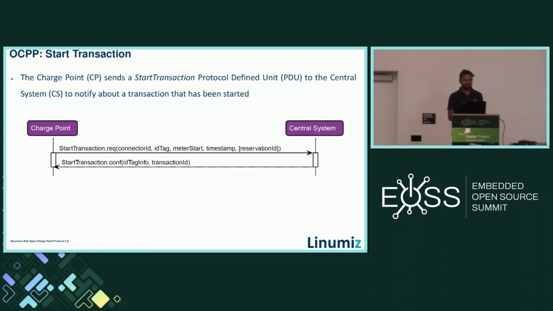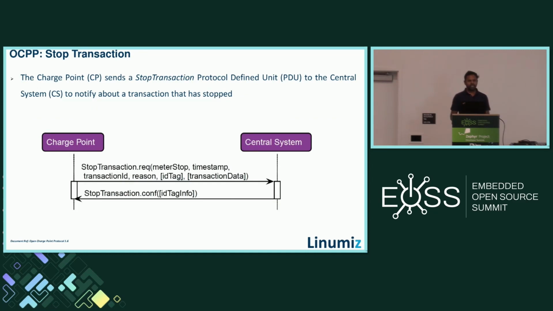Once the user gets authorized and the cables are connected, the charging station can deliver the power to the electric vehicle. After that, it sends a confirmation message to the central system that the transaction has started, by sending the start transaction PDU message.